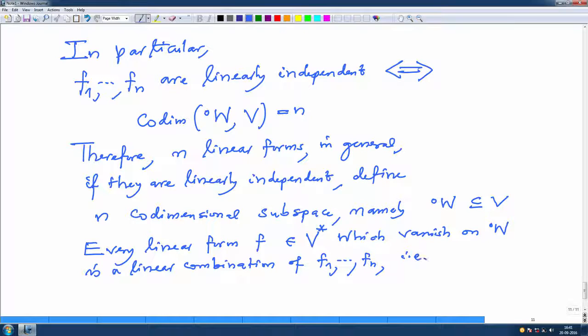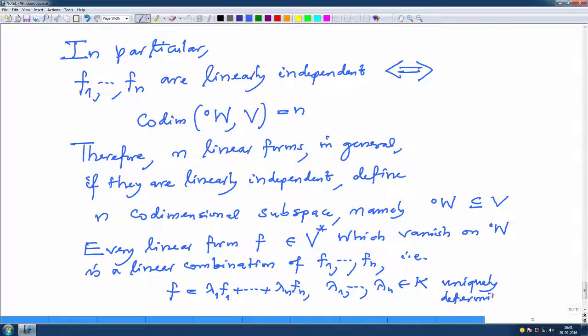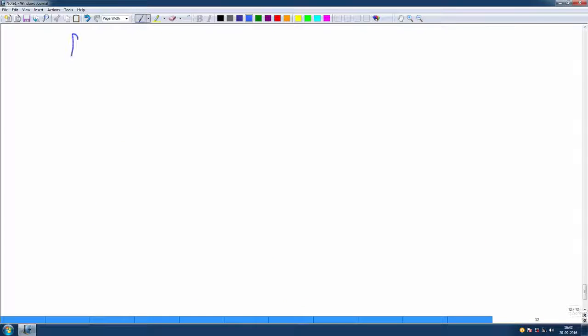That is, every such linear form f we should be able to write as lambda 1 f1 plus ... plus lambda n fn, where lambda 1 to lambda n are scalars, and they are uniquely determined since f1 to fn are linearly independent.